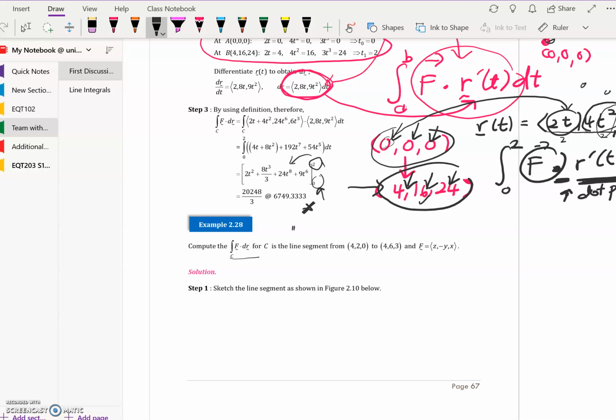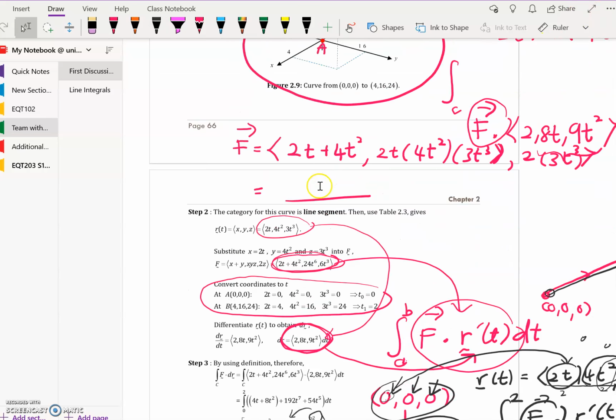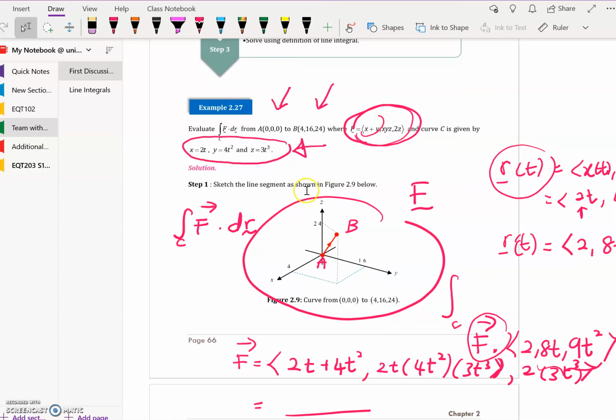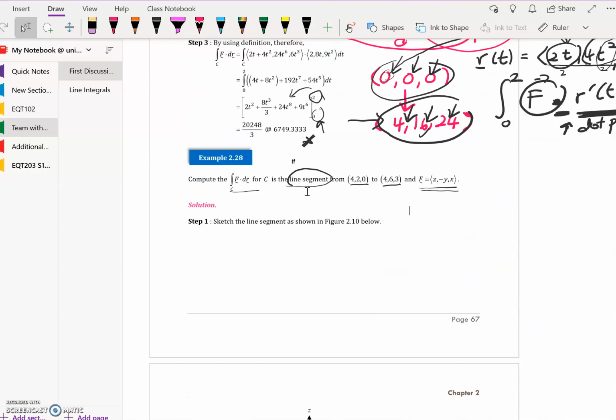Compute the line integral of F dot dr for C, where C is the line segment. This question already tells you that you have a line segment from point (4,2,0) to (4,6,3), and F, your vector field, is this one. So what is the difference between this example and the previous one?